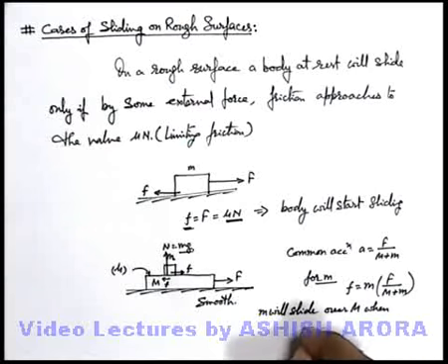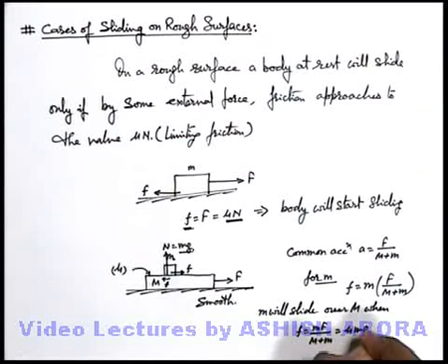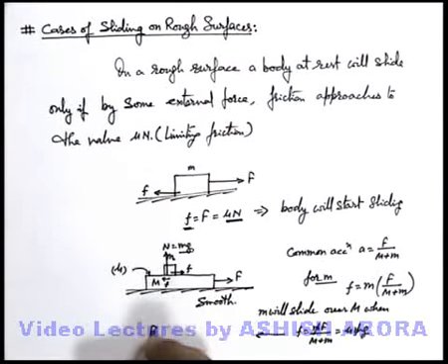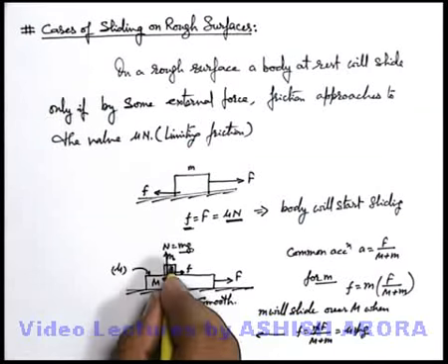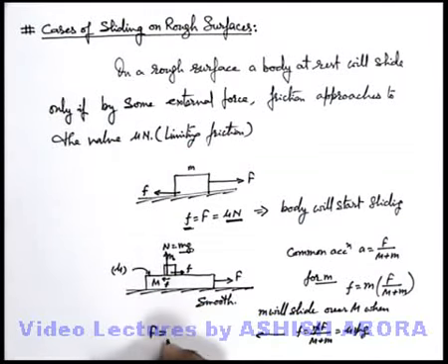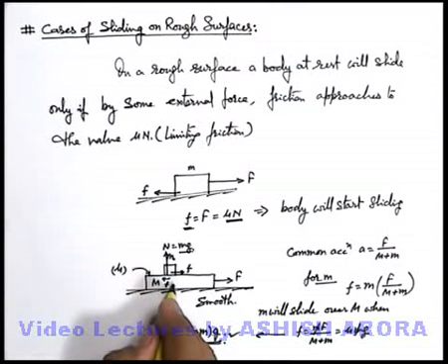So it will slide when friction, which is mF upon M plus small m, is equal to mu mg. Here m gets cancelled out and you can find the value of force at which the upper body will start sliding on the lower body: F equals mu into M plus small m into g. So this is the force at which the upper body will start sliding.